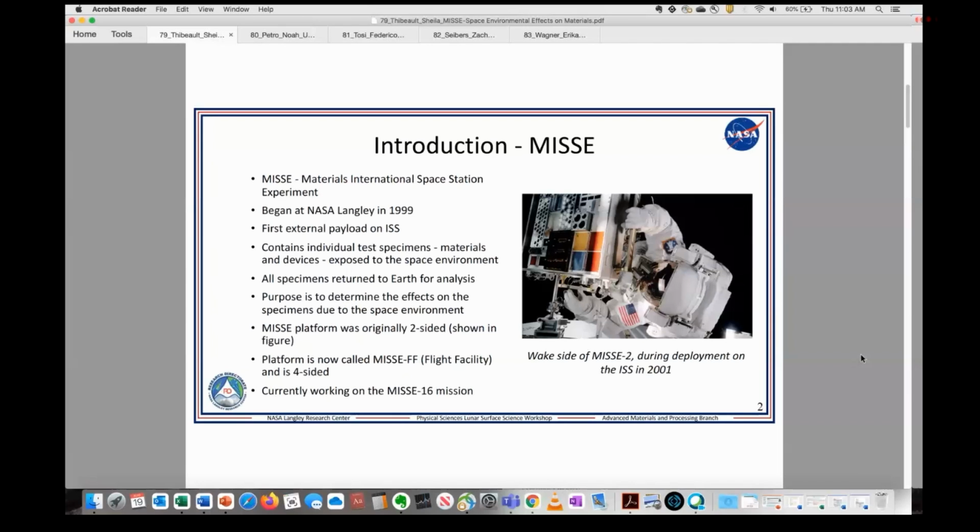The purpose of this is obviously to determine the effects of the space environment on the specimens. Initially, the platform was two-sided, as shown in the photograph for MISSY 2. It is now a four-sided platform. Next slide, please.